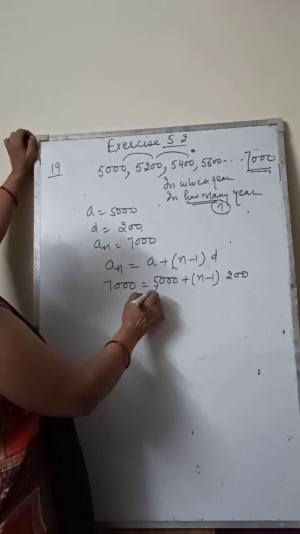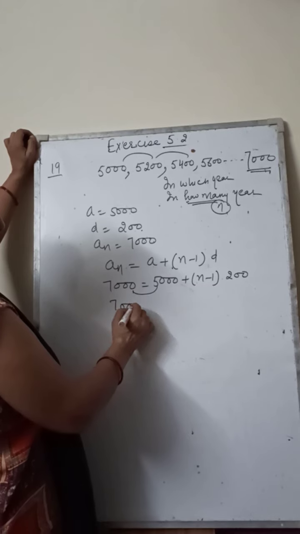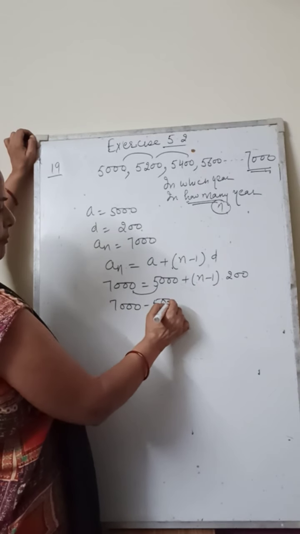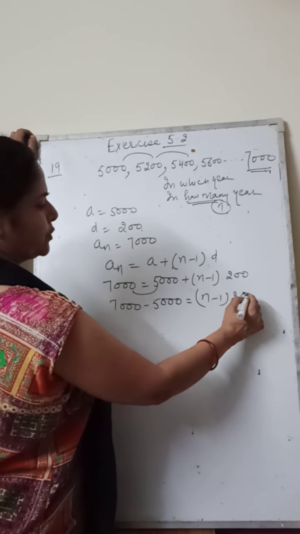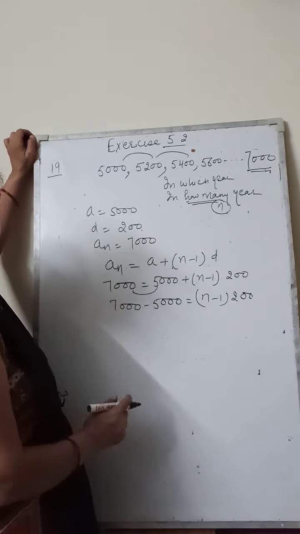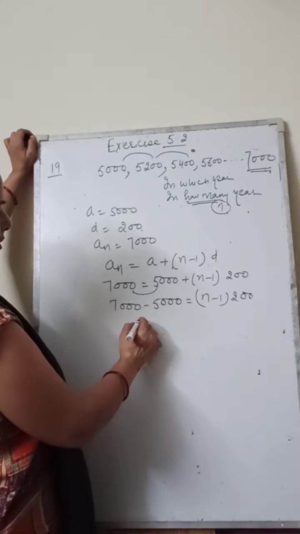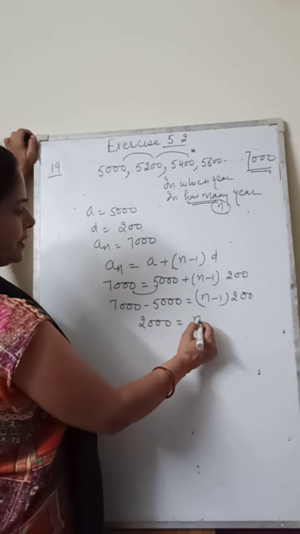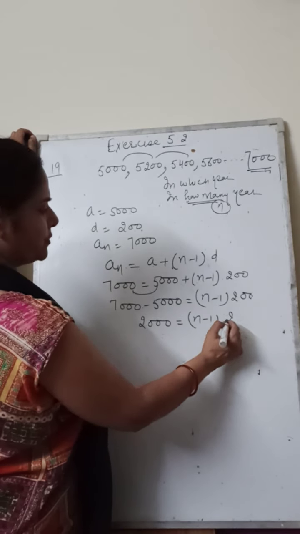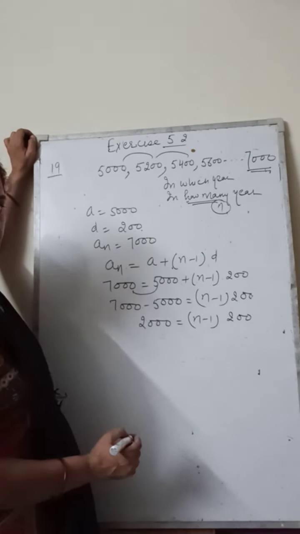This will be subtracted to this side. 7,000 minus 5,000 is equal to n minus 1 into 200. Subtract it, what will you be getting? 2,000 is equal to n minus 1 into 200.